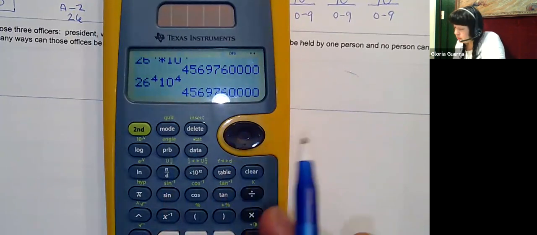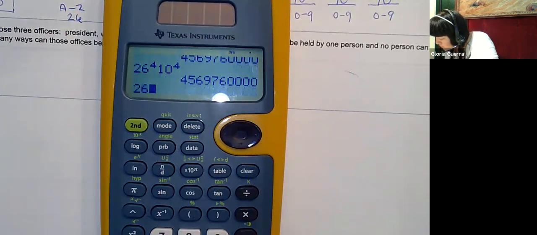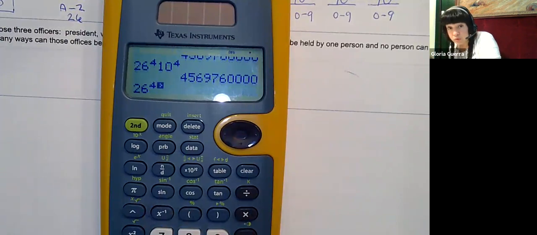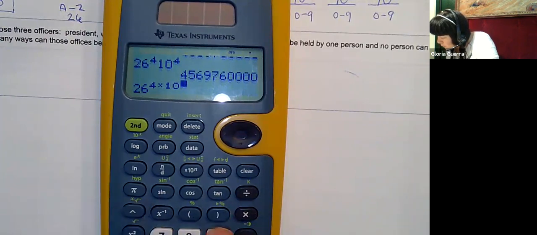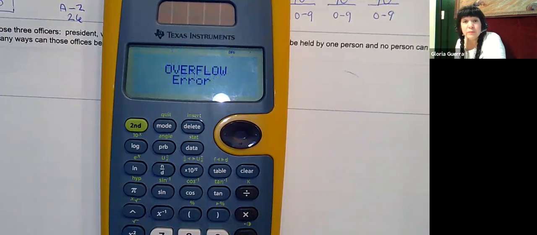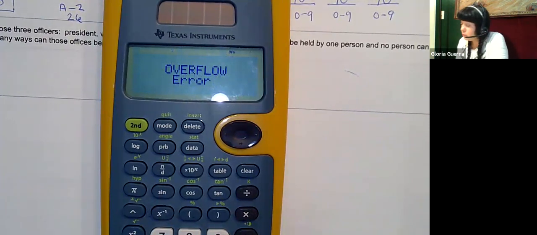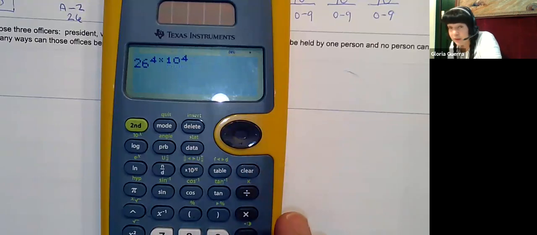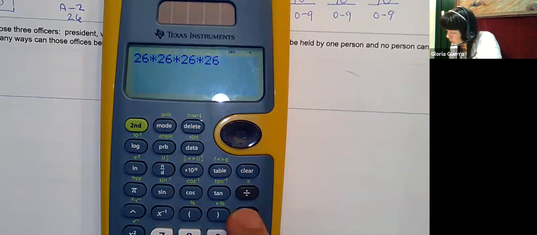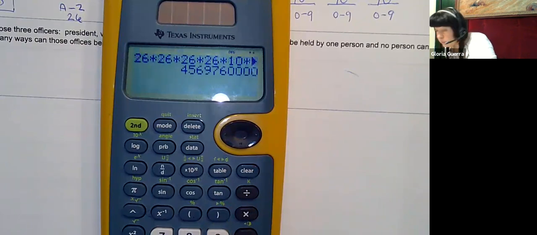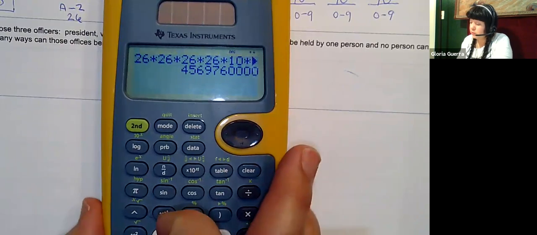If I don't push it down, and I say times 10 raised to the 4th power and hit enter, oh, overflow error. So you need to make sure you can't have that. Let me clear that. You can also do 26 times 26 times 26 times 26 times 10 times 10 times 10 times 10, and we get the same thing. Okay, so just practice that.